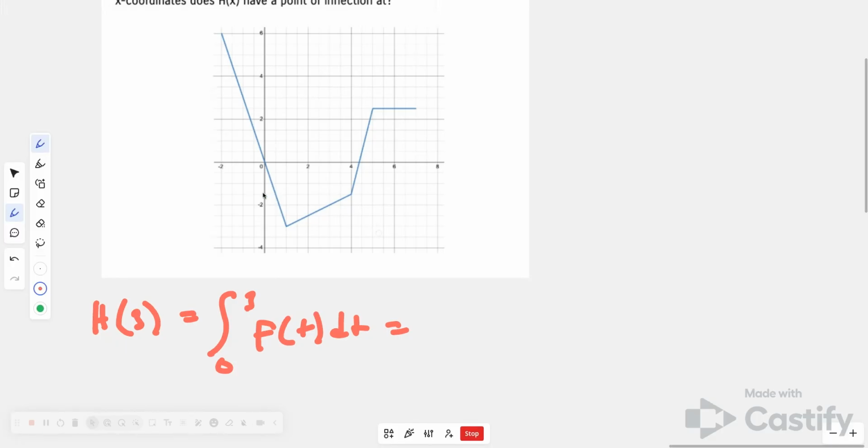So back to the area. So we have a negative area for this triangle over here. So it'd be negative 1/2 times the base, which is going to be 1, times the height, which is going to be negative 3. Well, in this case, we don't need a negative twice. So times 3.